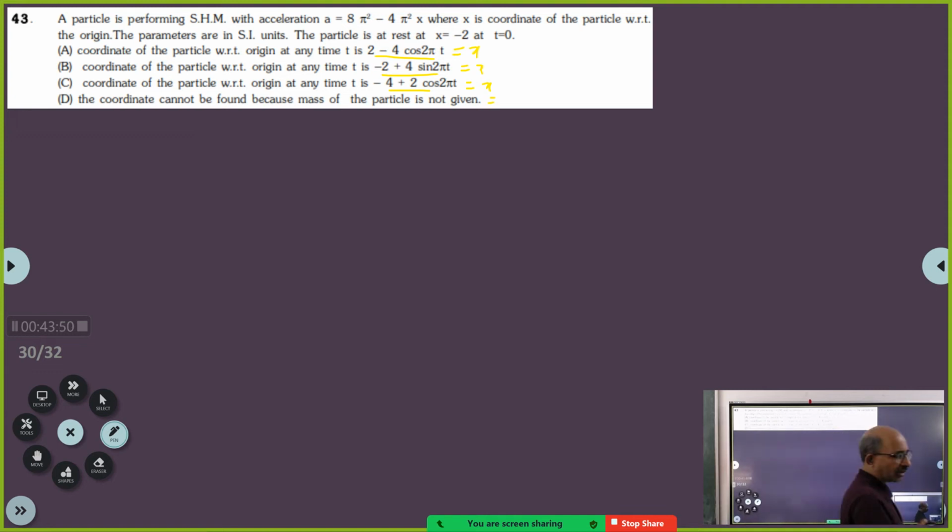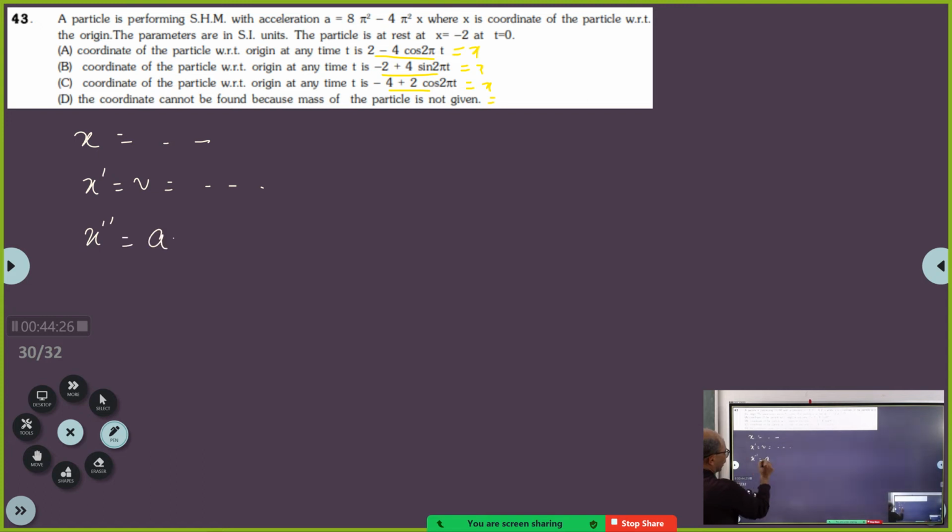Understand x, velocity, acceleration, their mathematical formulation, the mathematical model, how does that look? See, x is equal to something, and if you differentiate this, you get velocity is equal to something, and if you double differentiate this, you get acceleration.